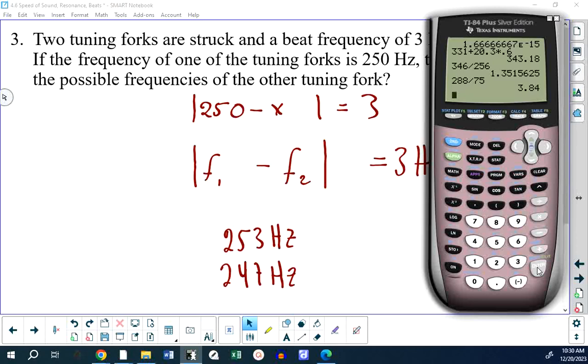Let's try a different one. Let's try a frequency of 256. What's 256 divided by 60? So it's off quite a bit, right?